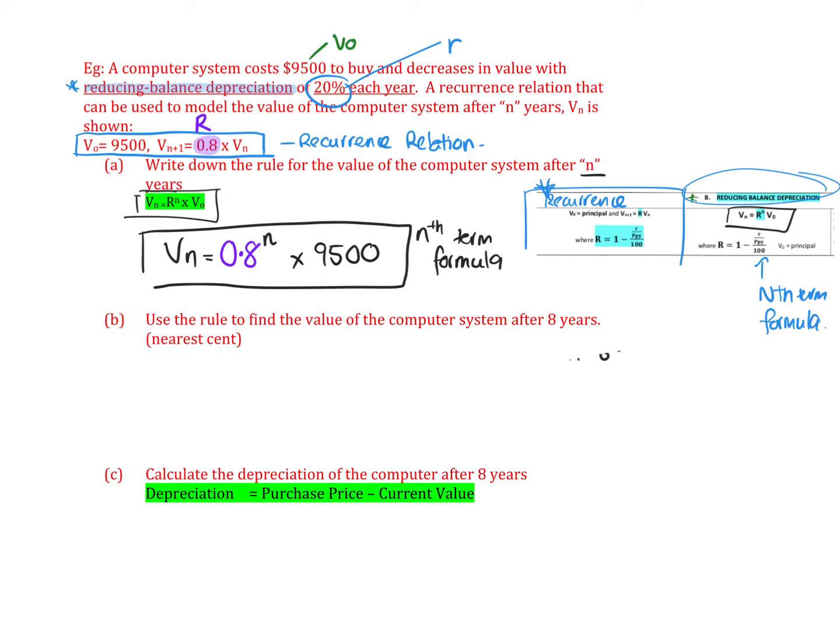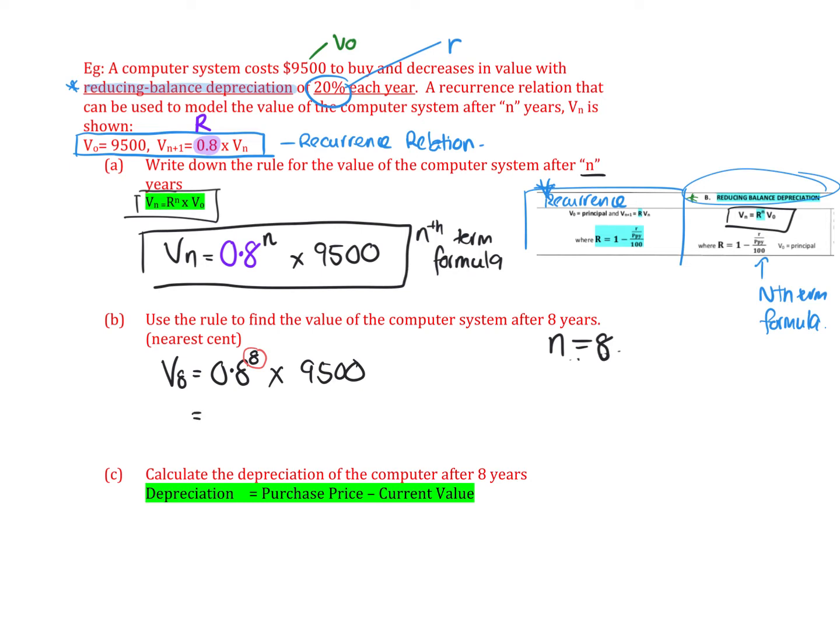It says use this rule to find the value of the computer system after 8 years. So that would mean n equals 8, which means I'm trying to find V8. Every time I see an n, I'll put an 8. So it's to the power of 8. On your calculators, you're going to have to pop it up as the power, and if you remember, you use that little arrow button.